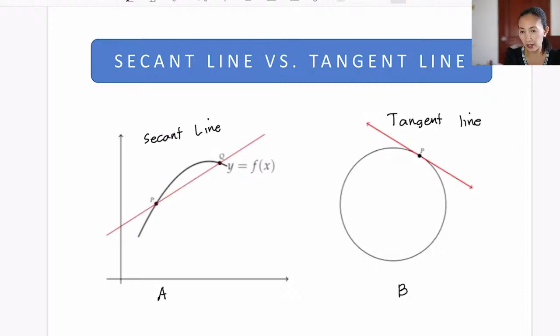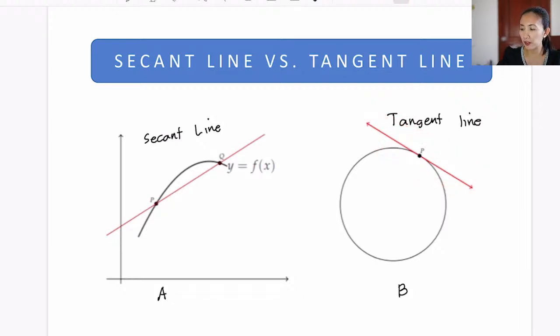As what Jaisel said, the tangent line touches the circle at one and only 1 point, just like what is shown in letter B. A line is tangent to a curve if it touches the curve at one and only one point. Therefore, this line here is an example of a tangent line.